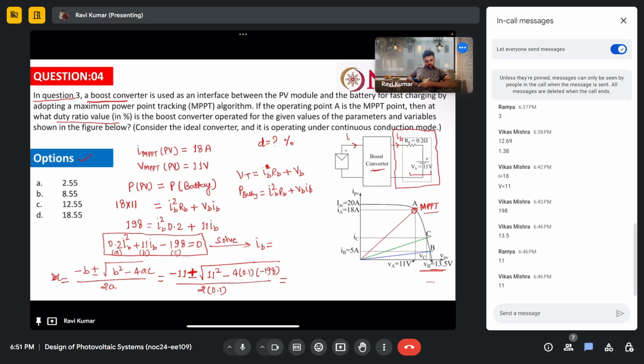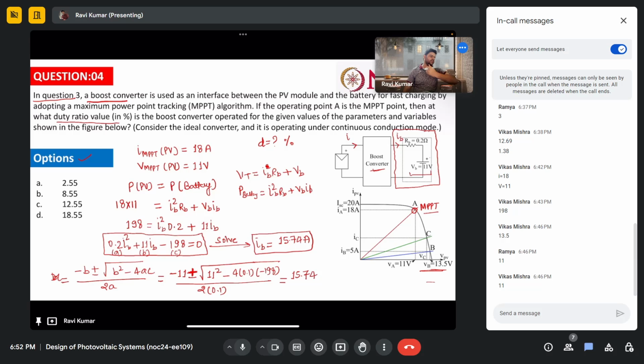I am getting 200.2 under root. Then I take the positive sign, minus 11, divided by 0.2. I got my answer, 15.74. So I'm getting IB as 15.74 amps.